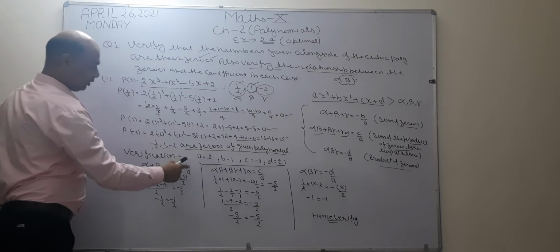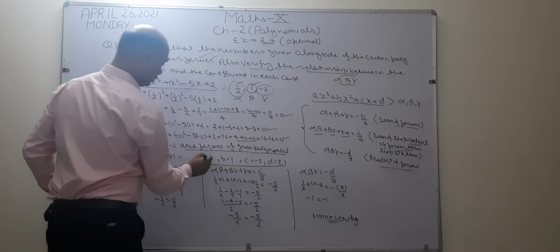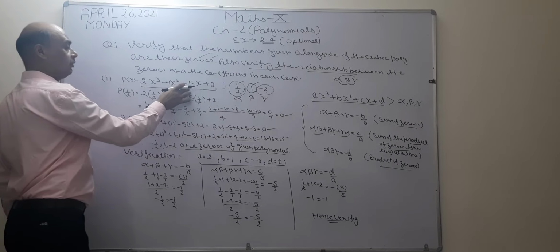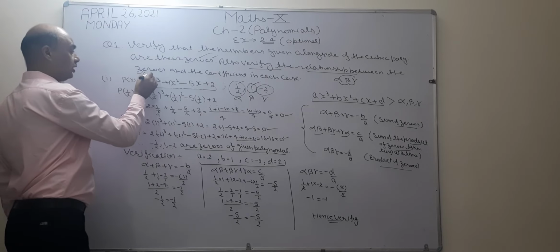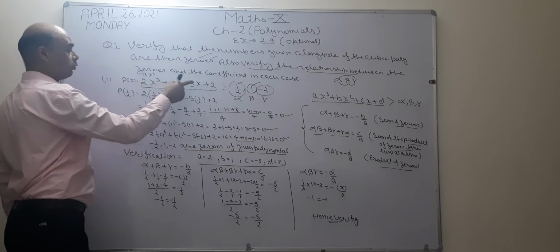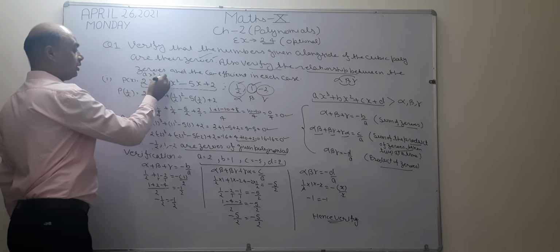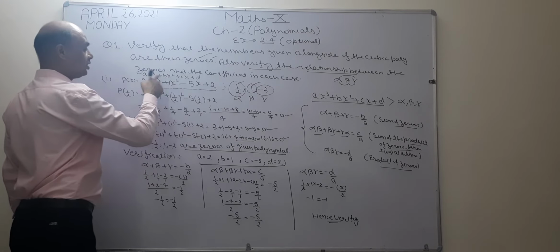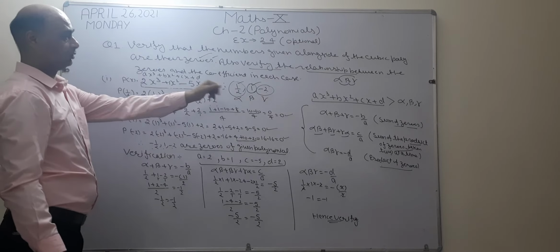Now see here, this cubic polynomial is given. I am going to compare it with the standard form. What is the standard form of a cubic polynomial? Ax cube plus bx square plus cx plus d. This is the standard form of the cubic, also written on that side.